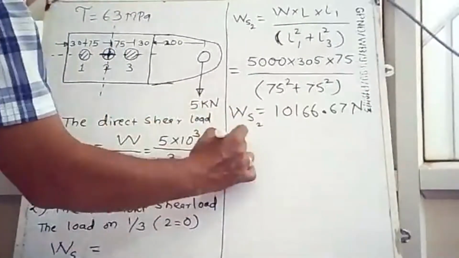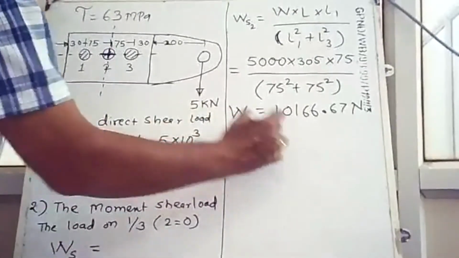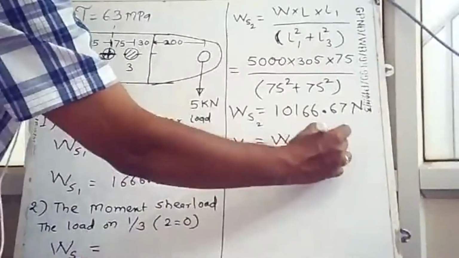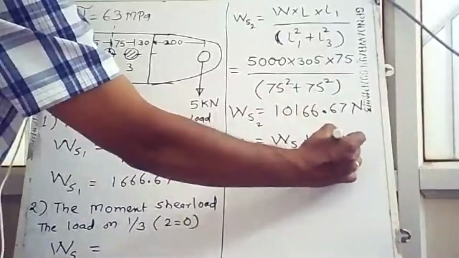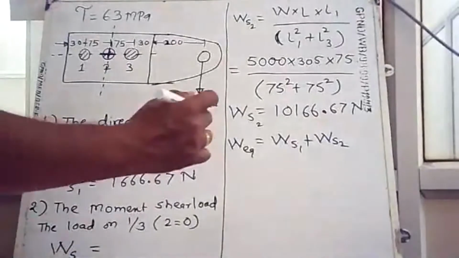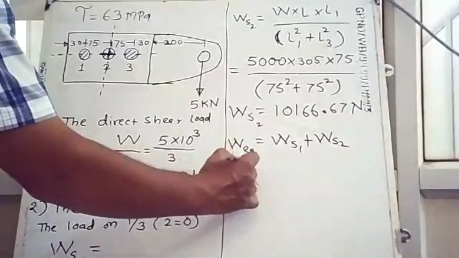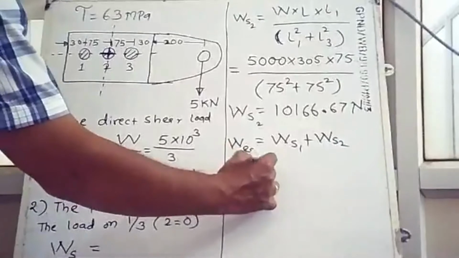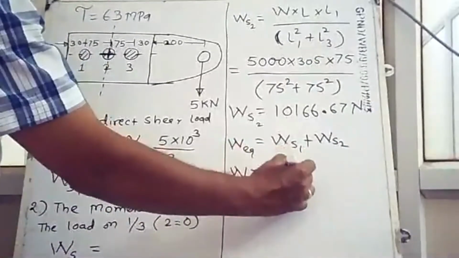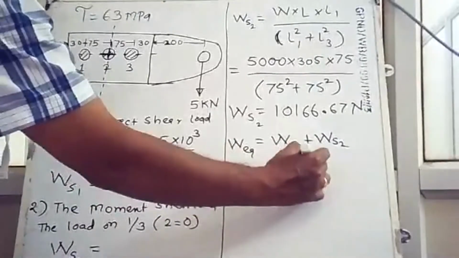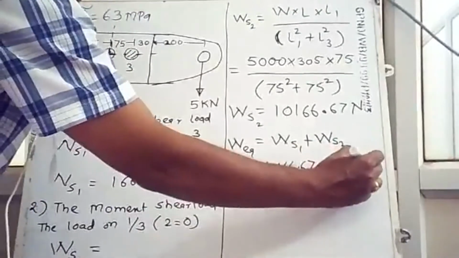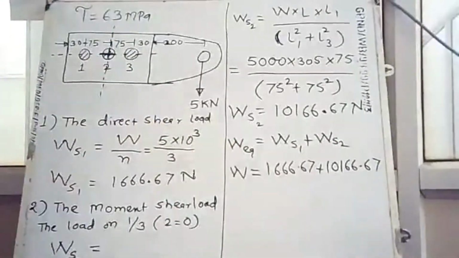Now the total equivalent load on this is the direct shear load plus the second load. So the complete total W is equal to 1666.67 plus 10166.67.